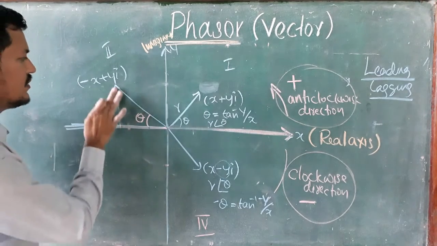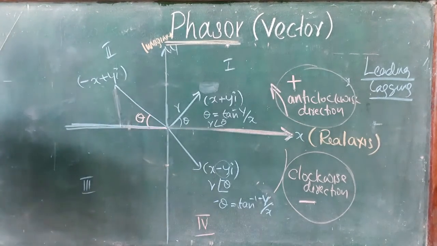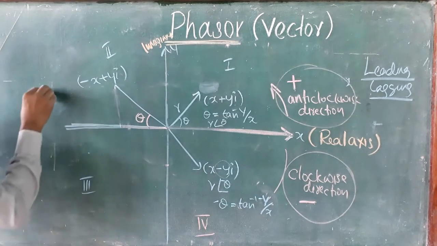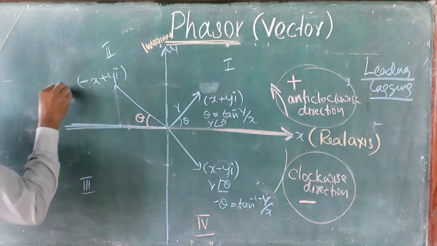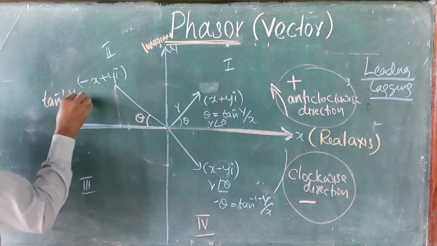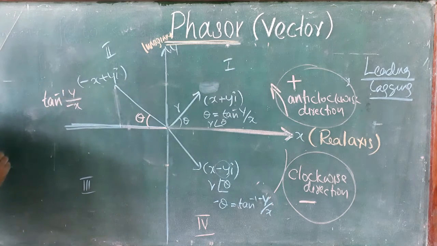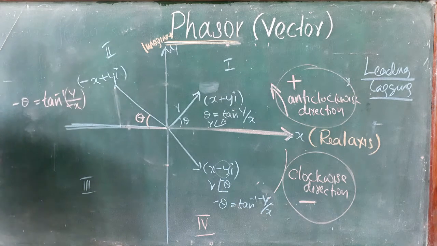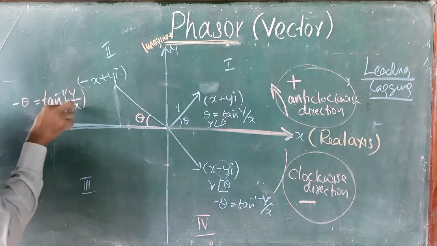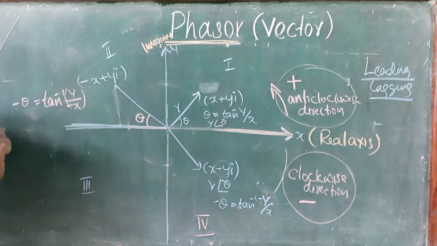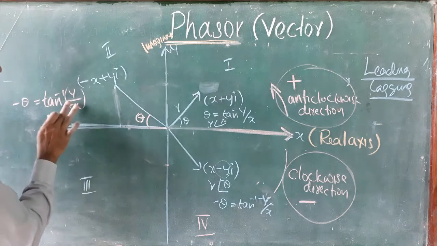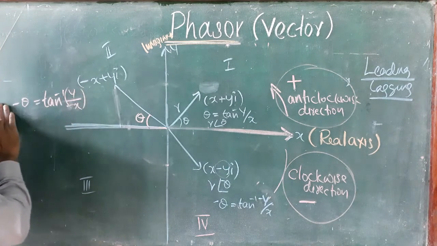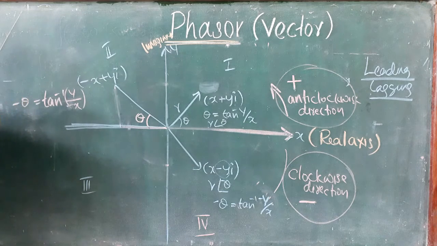While doing tan inverse of y by minus x, definitely we will get minus theta, a negative angle. Suppose we do not insert the minus sign and only include magnitudes, we will get positive. Anyway, no problem. Clear?